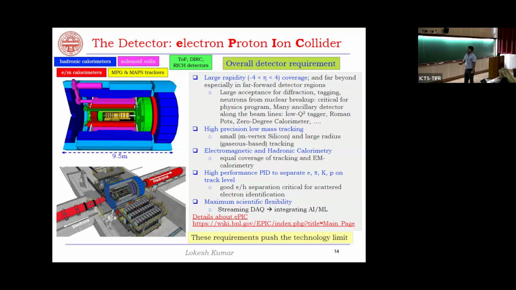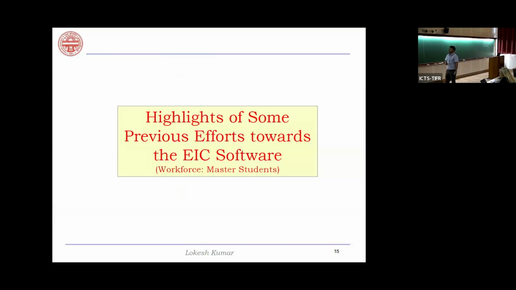To maximize the scientific flexibility, it will also include streaming DAQ, which is basically triggerless data taking, and it will include artificial intelligence and machine learning techniques. All these stringent requirements push the technology to a higher limit in the EIC.